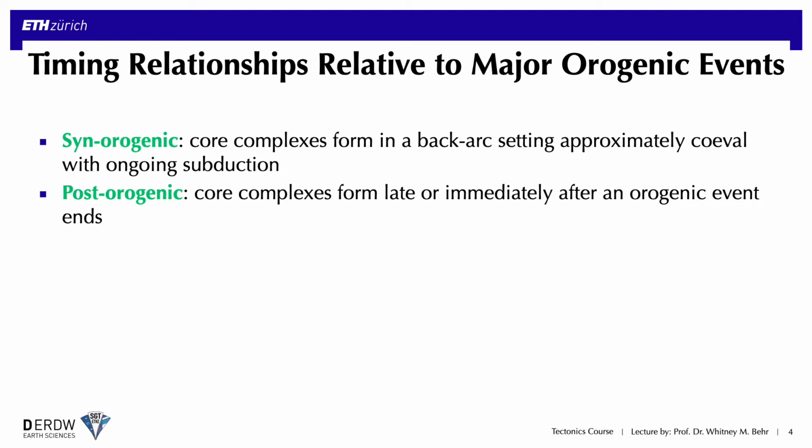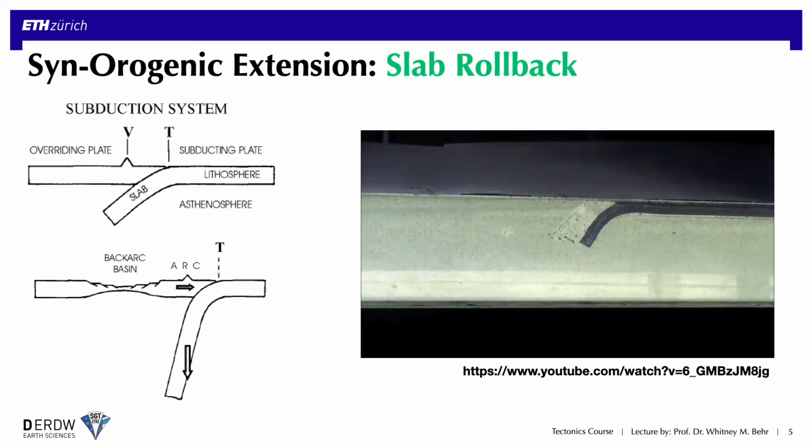And then there's another subset of MCCs or core complexes that appear to be post-orogenic, and these develop late or immediately after an orogenic event, such as subduction or continental collision, ends. So let's look now at some of the potential processes involved in these different relationships between orogeny and extension.